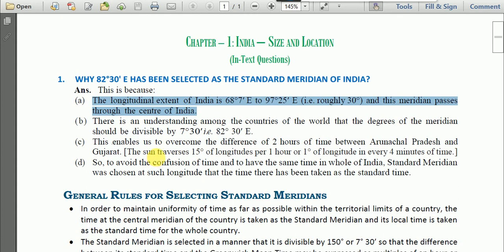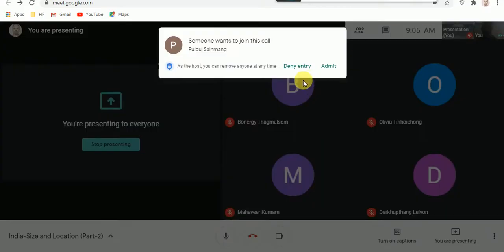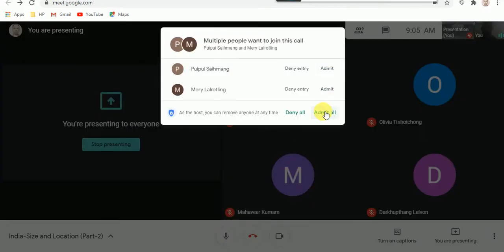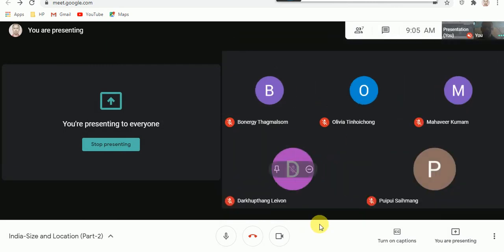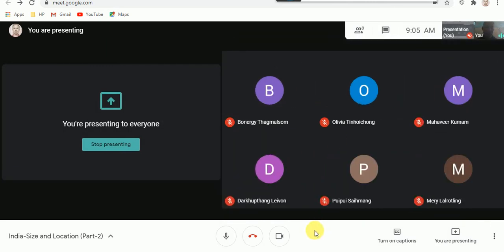That means the difference between the two is roughly 30 degree, as you learned the previous day. And this meridian passes through the center of India. One main reason is that 82 degree 30-minute east is passing through the center of India.